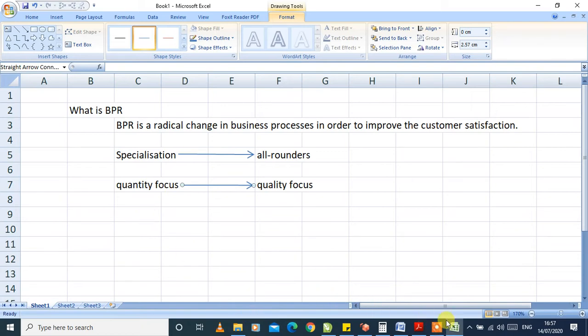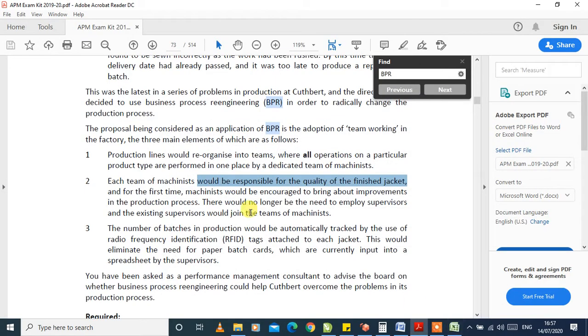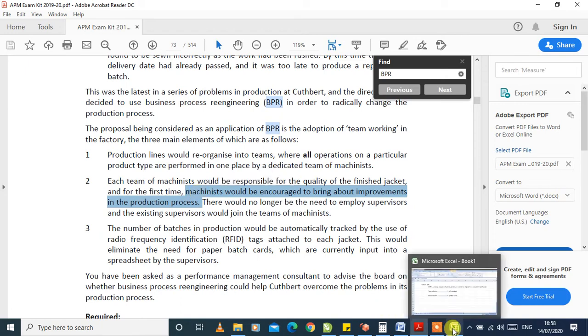Third point, they say bring about improvements in the production process. What? Machinists are encouraged. Guys, machinists are the operational level workers. They only know the difficulties, whatever the improvements that they can do to the product.